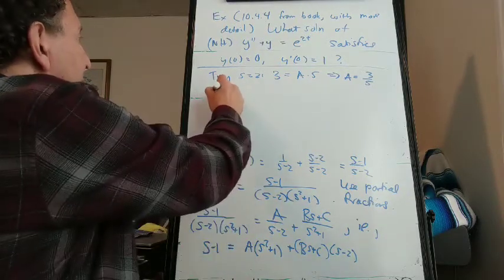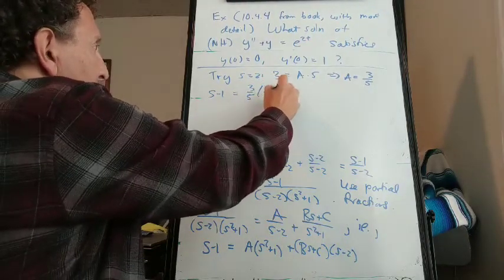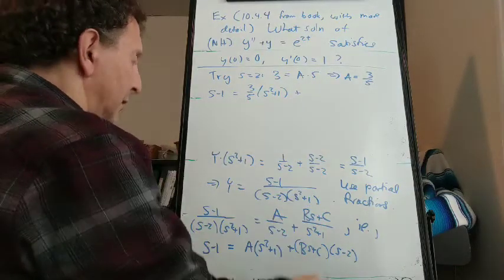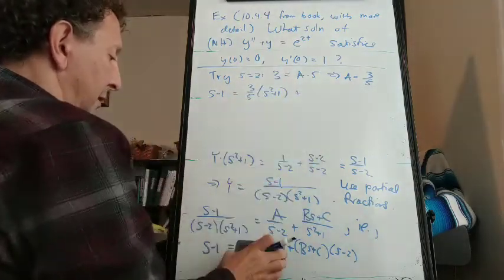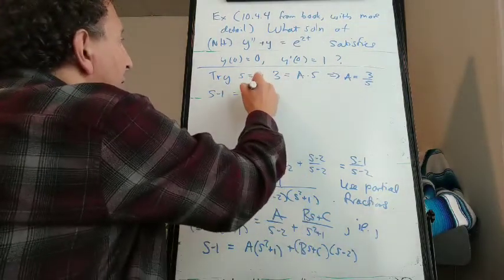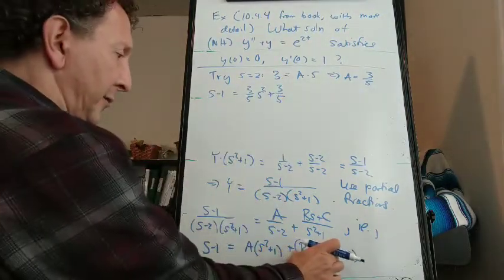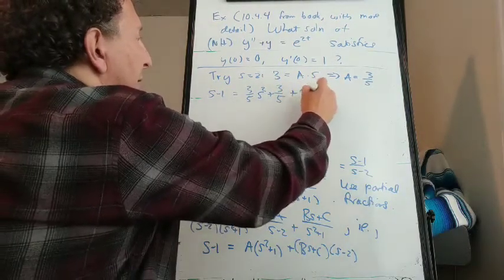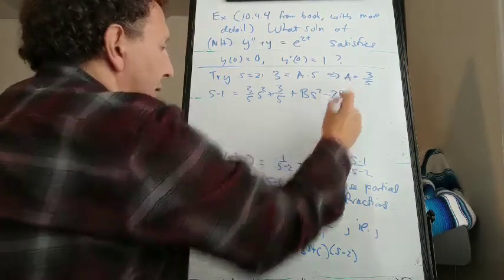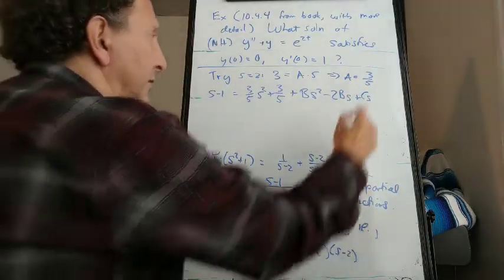I guess we can plug in the 3/5 for a. So we have s minus 1 equals 3/5 (s squared plus 1) plus, let me write this out as 3/5 s squared plus 3/5. And then we have bs squared minus 2bs plus cs minus 2c.